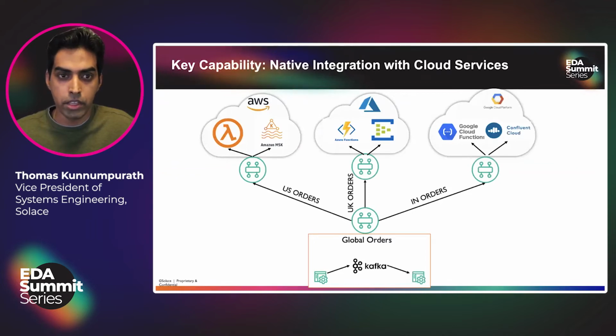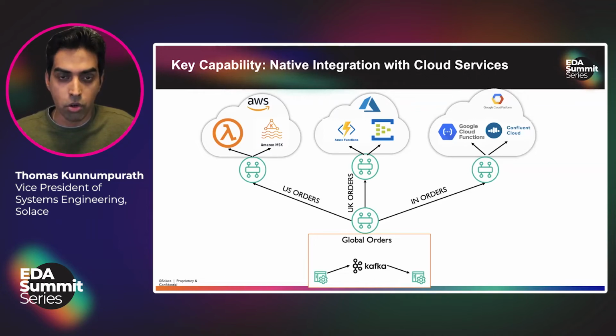Another key capability of the Kafka mesh is native integration with cloud-native services. So in this diagram, we're not only fanning out from an Apache Kafka cluster to various Kafka offerings in clouds. For example, in AWS, we're fanning it out to MSK. In Azure, we're fanning it out to Event Hubs. And in Google Cloud, we're fanning it out to Confluent Cloud.